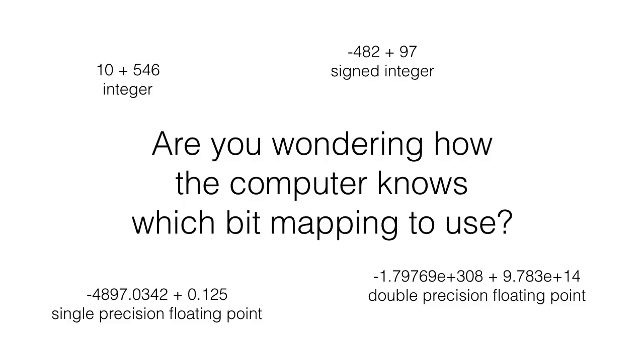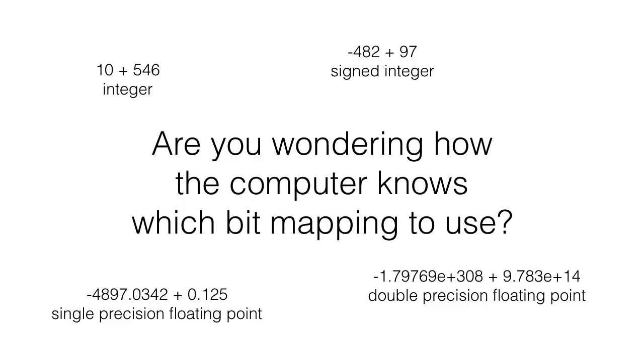Depending upon what language you're using, it's telling it which numbering system to use and which addition to use. So that when it gets broken down into machine code, it says, I'm doing floating point math. I'm doing signed integer math. It knows what it's working with because the software is telling it which mapping to use.